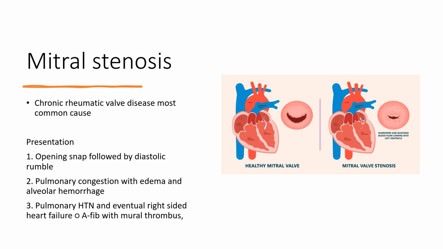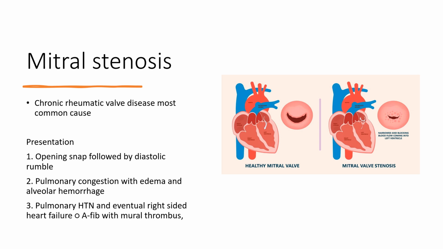The murmur associated with this disorder is the diastolic rumble. As the valve is not able to open properly, the blood coming from the pulmonary veins gets engorged.